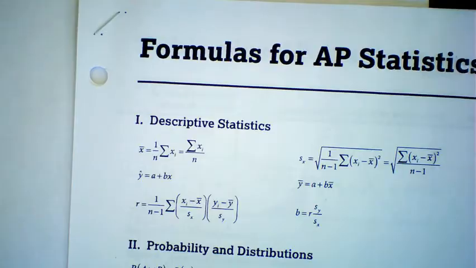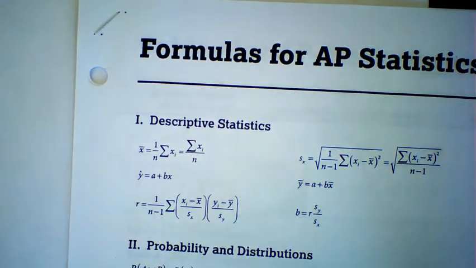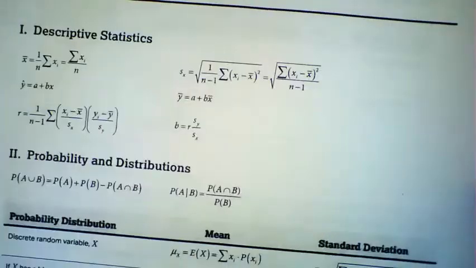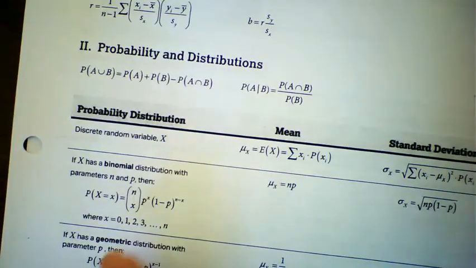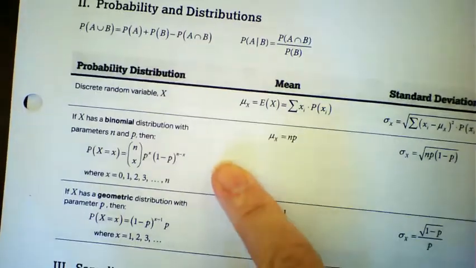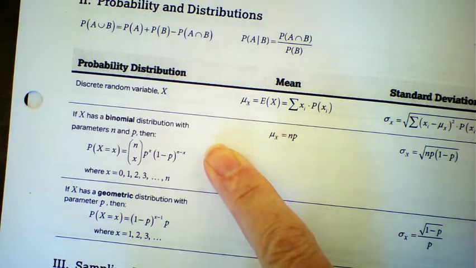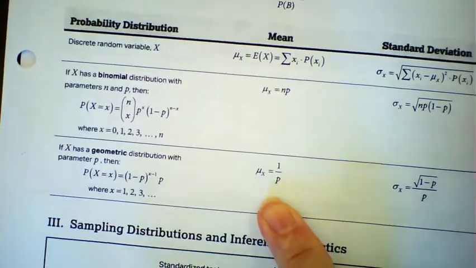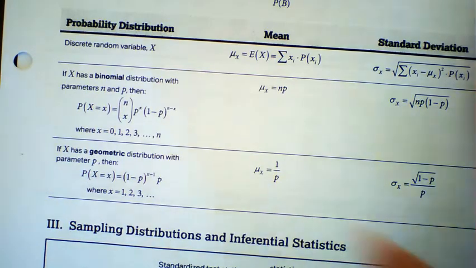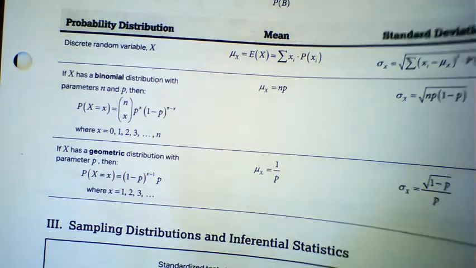On this formula sheet, get comfortable with this, always have it out. Here are our binomials, and right below it, that's our geometric. I guess I better turn the page then. Let's see what we have on the next page.